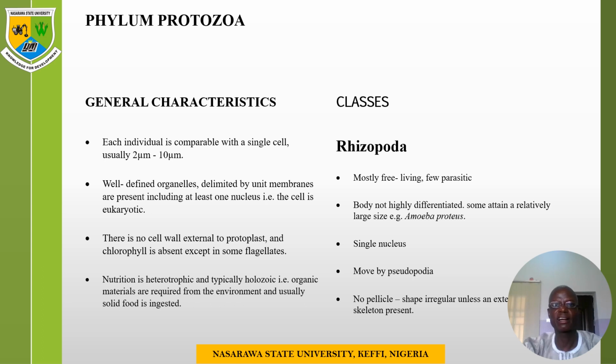Let's look at the general characteristics. Each individual is comparable with a single cell, usually measuring about 2 micrometers to 10 micrometers. They have well-defined organelles delimited by unit membranes, including at least one nucleus, that is, the cell is eukaryotic.